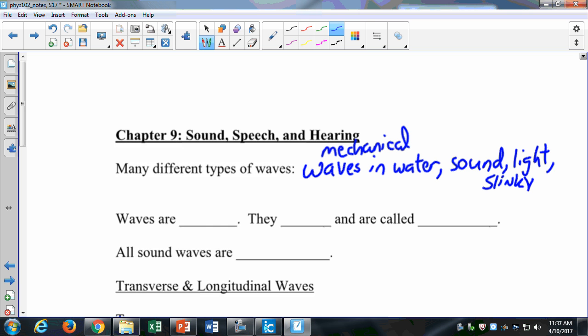Waves are periodic, they repeat. They're called periodic waves. This means as they travel through space and time, they repeat themselves over and over again. All sound waves are periodic.